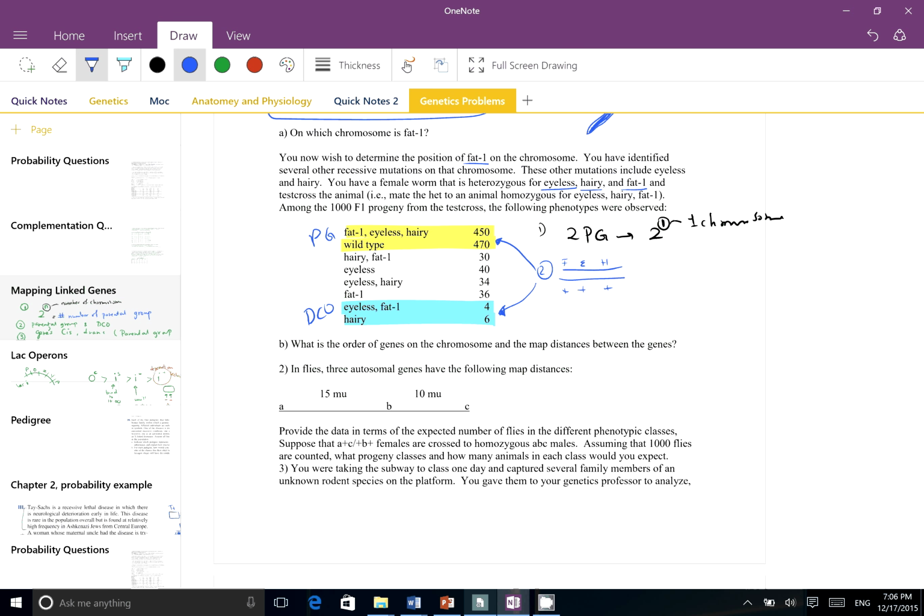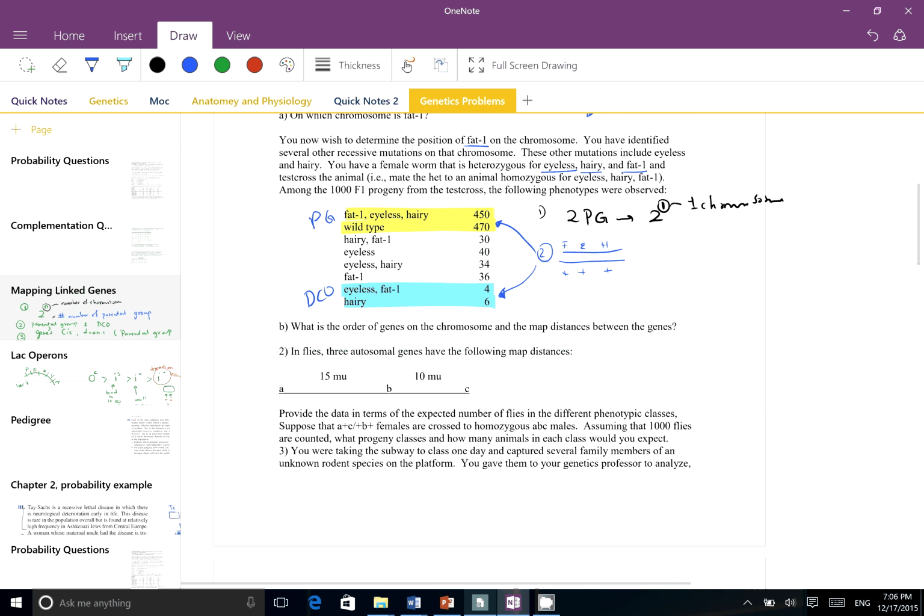Okay, so remember what Dr. Lee said: put each one in the middle in turn, and then it doesn't matter what you have on either side, F and H. Okay, you know what, I need to make more space.